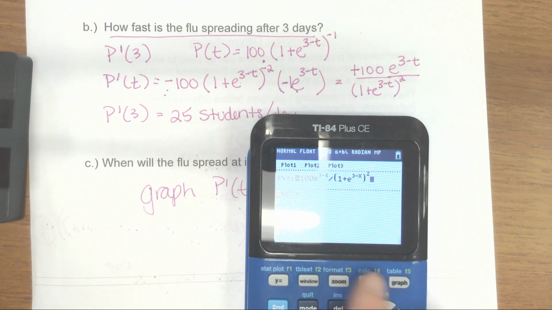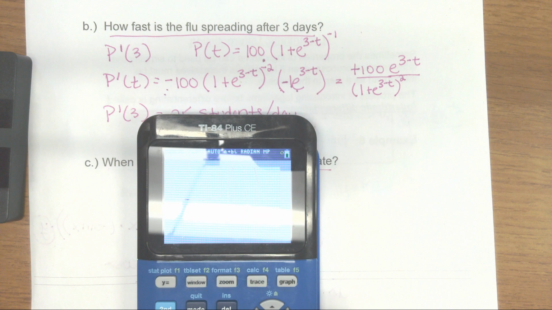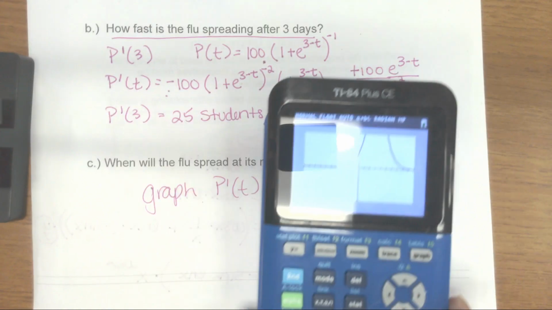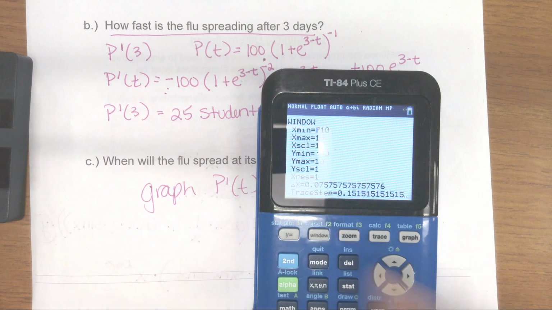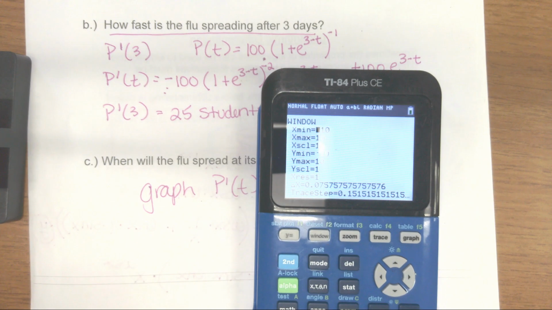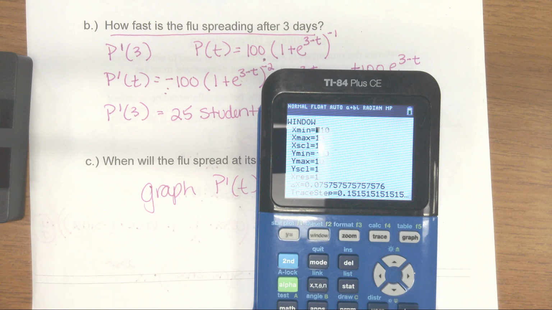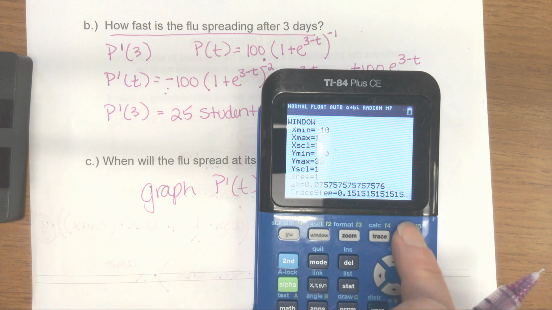Let's see what we got here. I did select Zoom 6 and that's what I see. We can't see the max, correct? Right. So let's go up higher. I don't know, what do you want to try? 30. So I'm going to change Y max to 30. Hit graph.